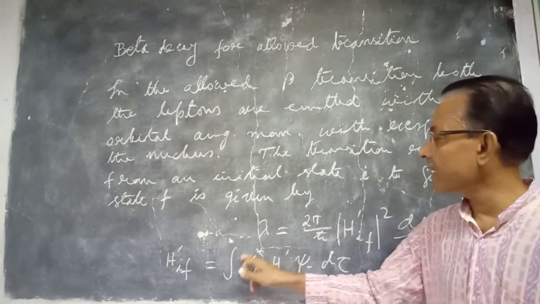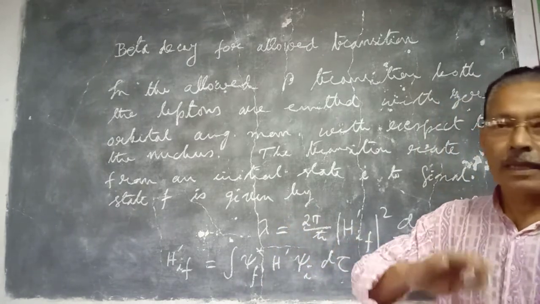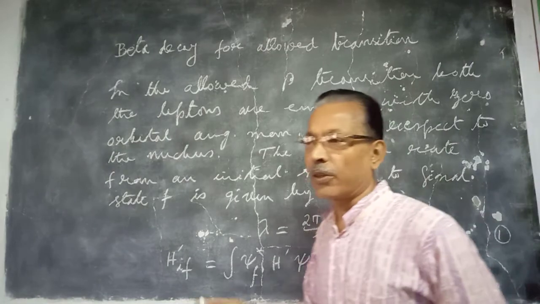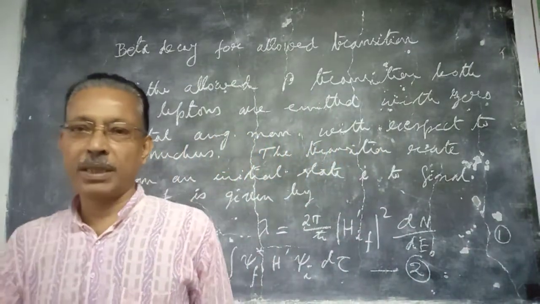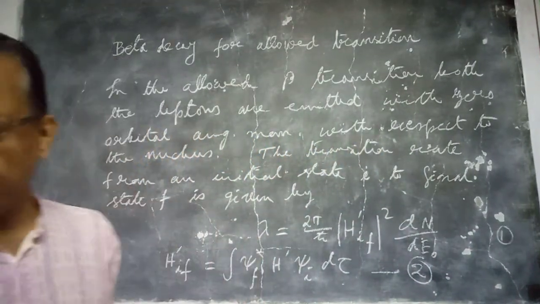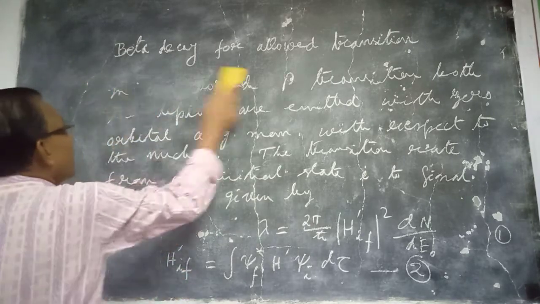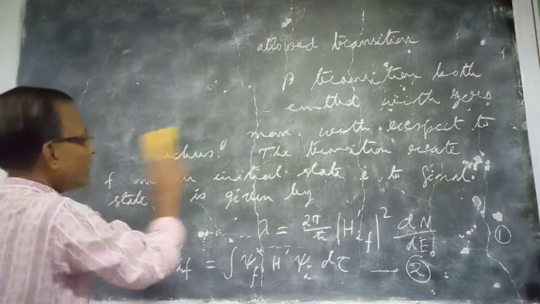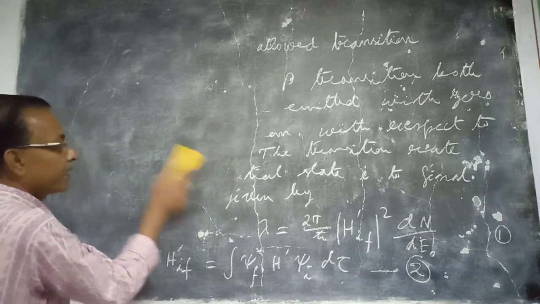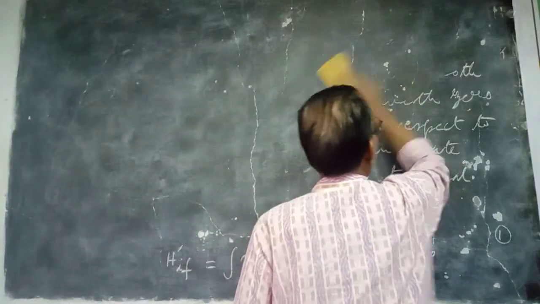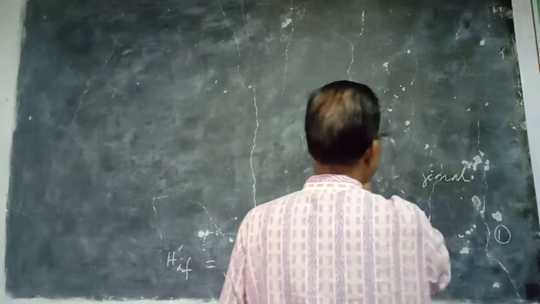Because in the final state there are three particles, the wave function will be the product of these three. So the initial wave function is the wave function of the parent nuclei, which is beta unstable.